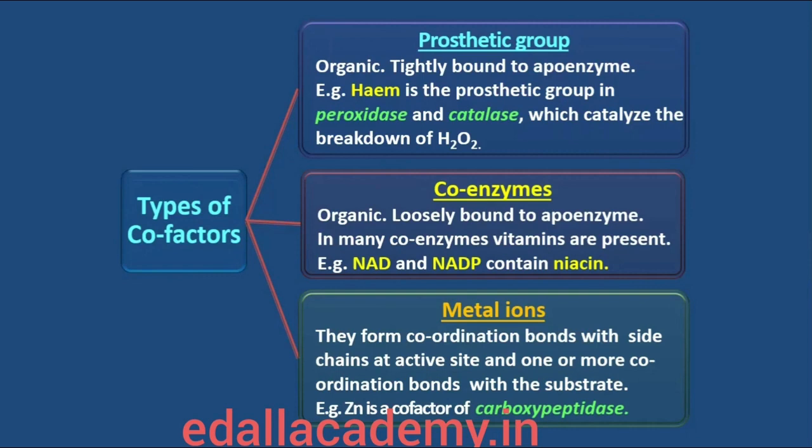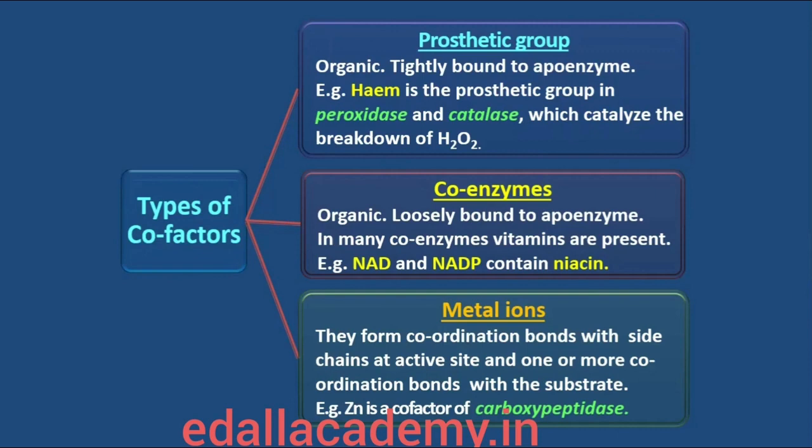It is followed by coenzymes. Coenzymes are also organic compounds, but their association with their apoenzyme is only transient, usually occurring during the course of catalysis. Furthermore, coenzymes serve as cofactors in a number of different enzyme catalyzed reactions.